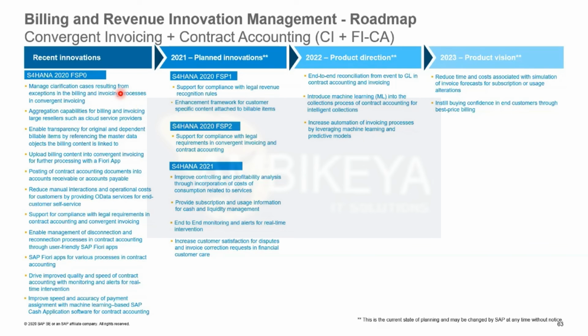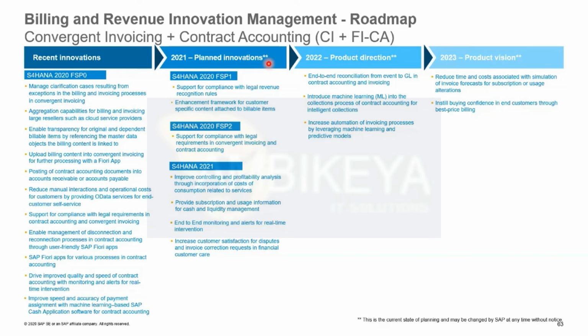For the planned innovation, further assets are not yet provided, but you get a clue in a description if you drill down what is in our plans, what is in our development backlog, and when it will roughly come.